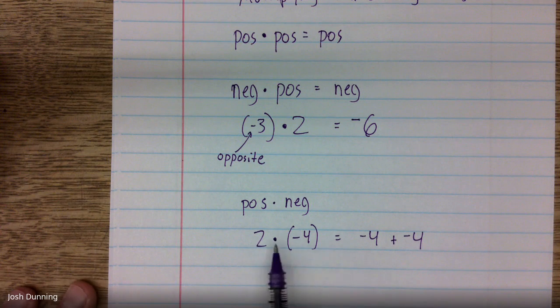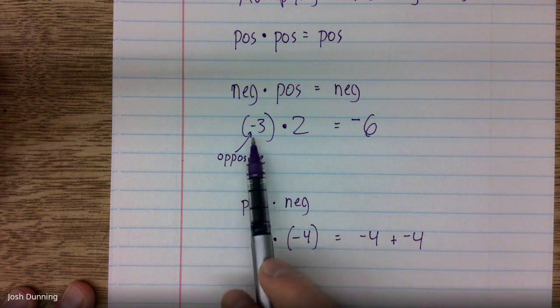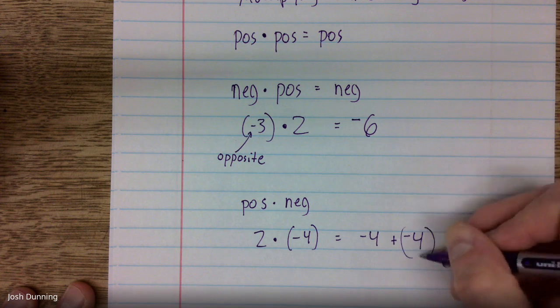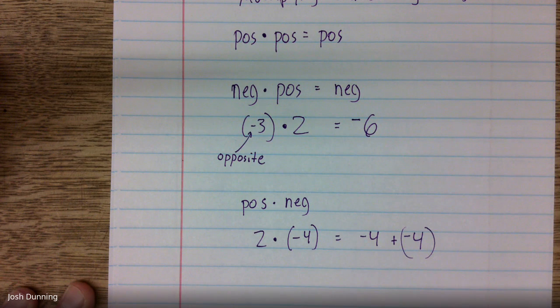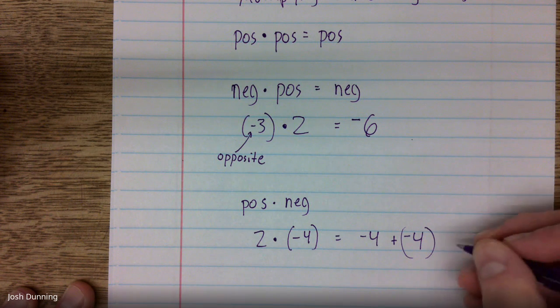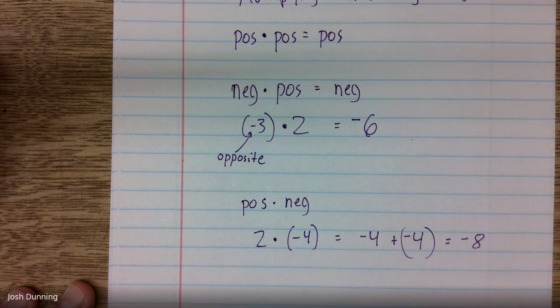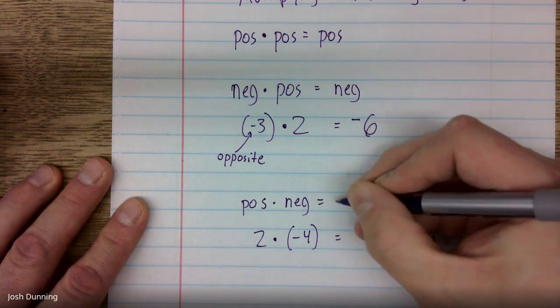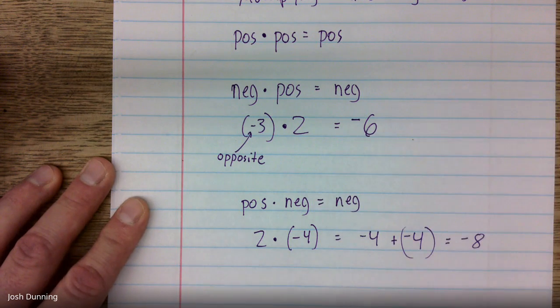Instead of just, hey, 2 times 4 is 8, that means opposite, this is an explanation of why, if you're confused as to what I was talking about up here. -4 plus -4, we've gone over this. If you add 2 negatives, you just get more negative. So a positive times a negative is also negative.